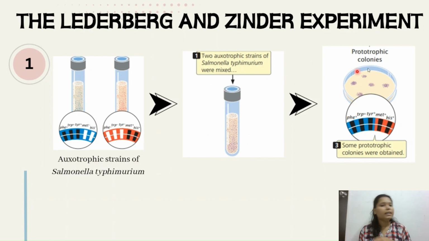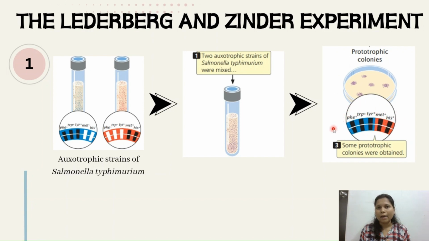The minimal medium didn't contain any of these amino acids. But they still got prototrophic colonies, which could produce all the five amino acids needed for growth, and thus they grew.